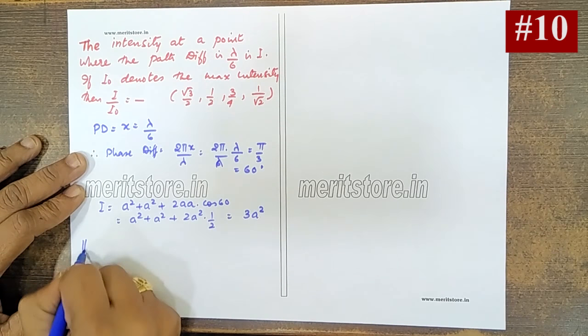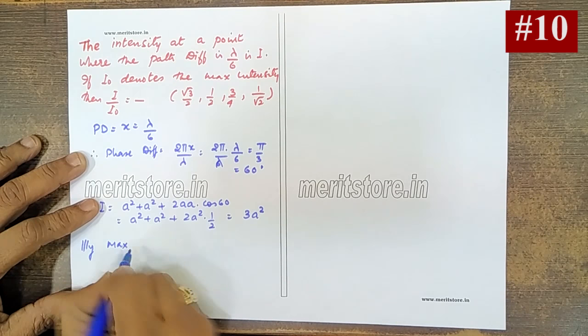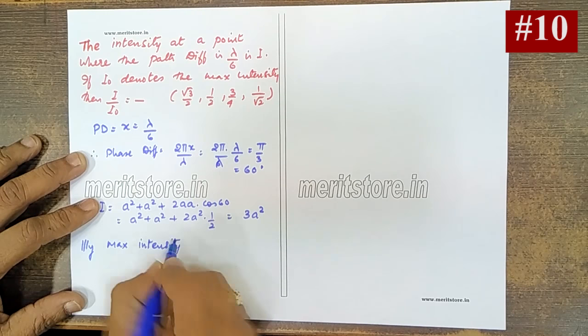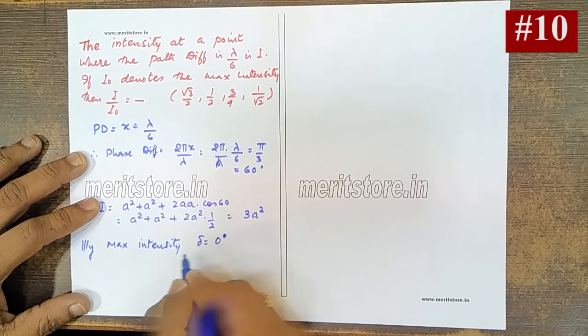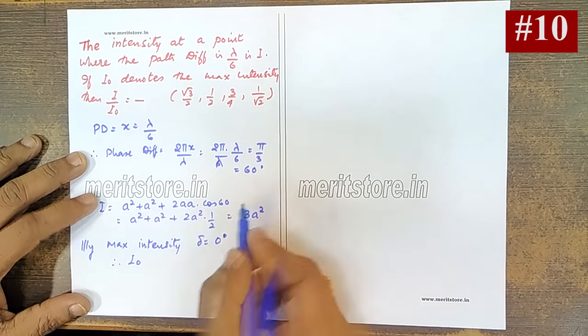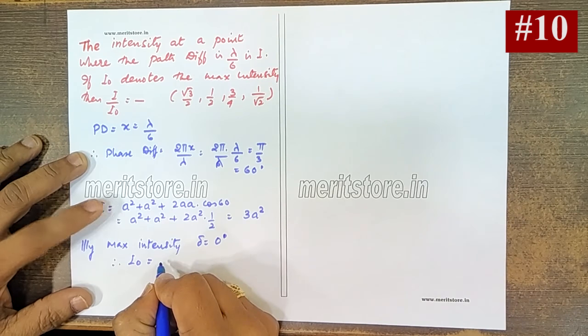Now similarly for maximum intensity, the phase difference delta will be 0 degrees. Therefore intensity I0, as given in the problem, I0 denotes the maximum intensity. So I0 is equal to again R squared, resultant squared.